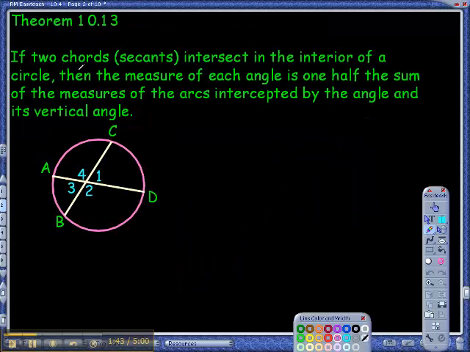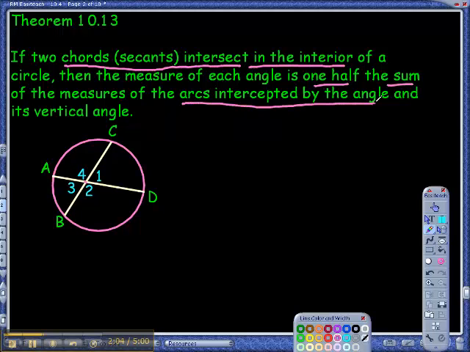If two chords or secants intersect in the interior of a circle, so notice here I've got two chords that are intersecting inside the circle, then the measure of each angle is going to be 1/2 of the sum of the measures of the arcs intercepted by the angle and its vertical angle.